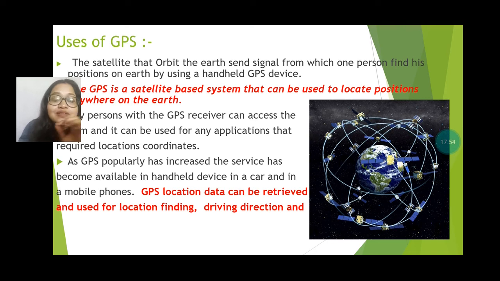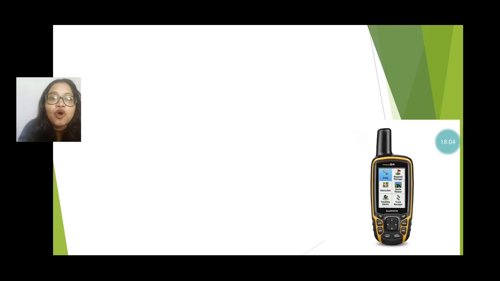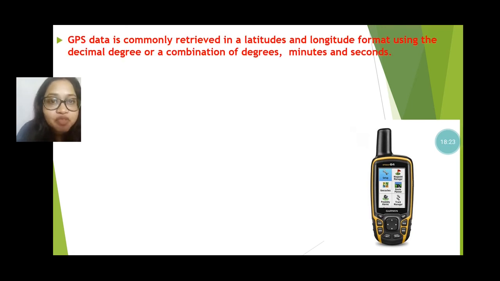So GPS location data can be used for location finding, driving directions and even social networking. Okay, right now we always give our locations. Right now I am here, I am there. If you are traveling, you always update your location. So this is all because of the presence of GPS. Okay, a few years ago it was not possible for us to always show the locations.